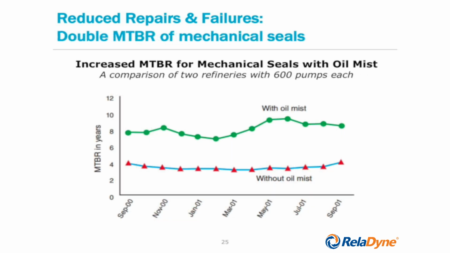On another slide, we can have a comparison of 2 refineries that had 600 pumps each. And the upper graph shows that with oil mist, the mean time between repairs, close to mean time between failures, was on average reaching as high as 9.5 years. And on the bottom, without oil mist, the failure rates, or the MTBR of these mechanical seals, was in the vicinity of maybe 3.5 years.